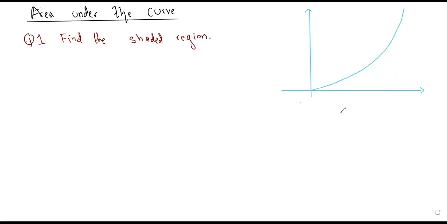Okay, this is what the curve looks like. Four, 6. This is the x-axis, this is the y-axis, this is 0, and the equation of this curve is y equals 3x squared.